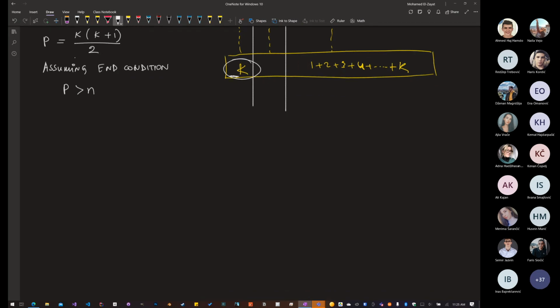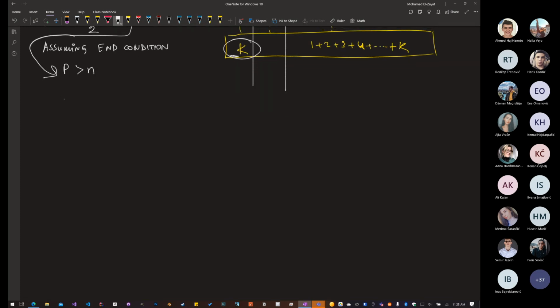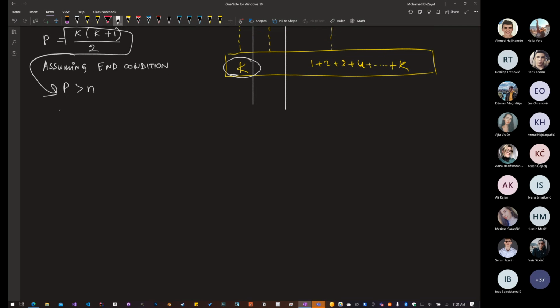what I'm going to do here is grab this guy, substitute it instead of p, right? So I'm just going to grab this definition. I'm going to say, okay, at the end of the day, k times k plus 1 divided by 2 is larger than n, right?